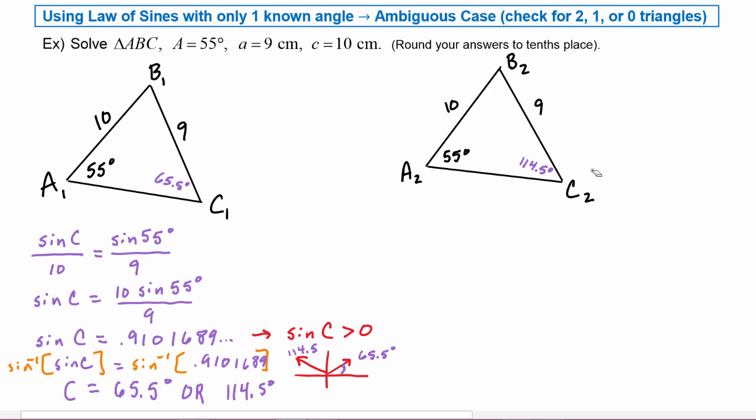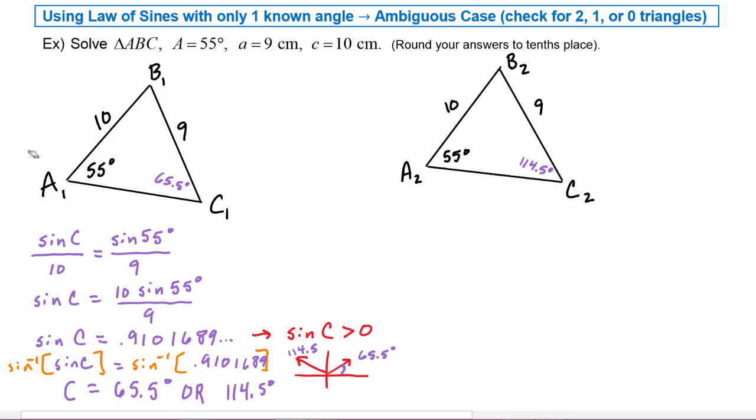I'm not trying to make this look like an obtuse angle. The triangles that you draw when you're solving these problems are just a place to hold the givens and your answers as you work through the problem. So now we need to solve 2 triangles, and let's do them separately.